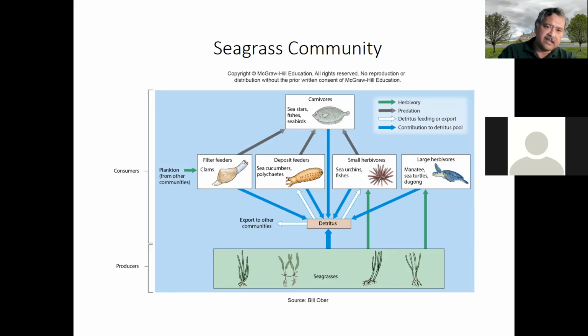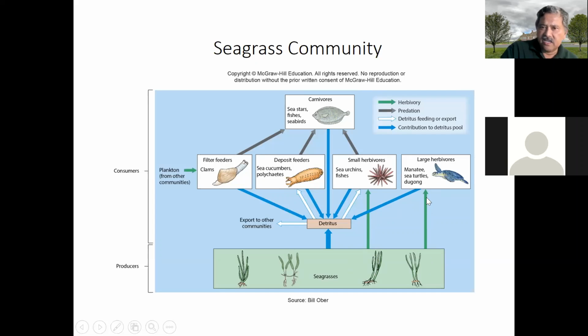But that's the organization of this. You have producers, you have the seagrasses at the producers trophic level up here, but you have the urchins that are able to eat the seagrass, and then here are the turtles I mentioned eating the seagrasses.